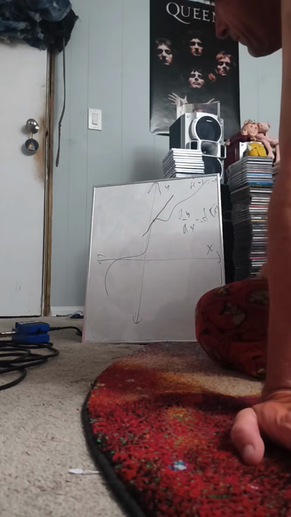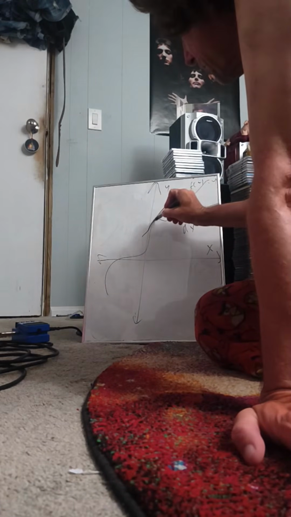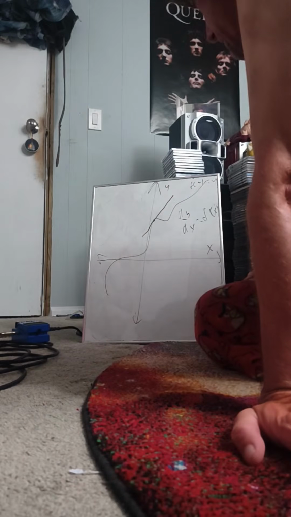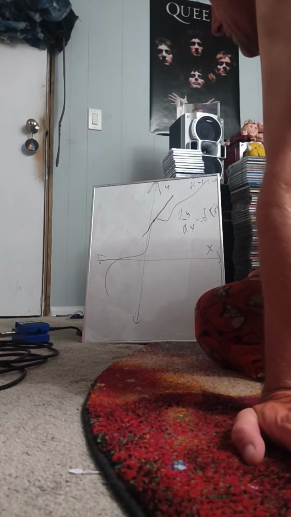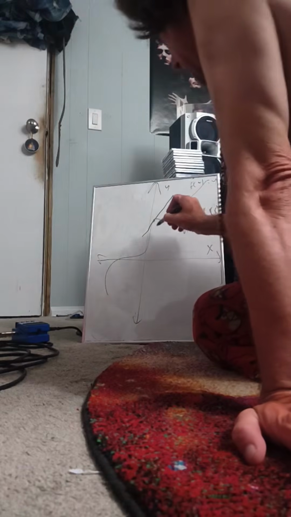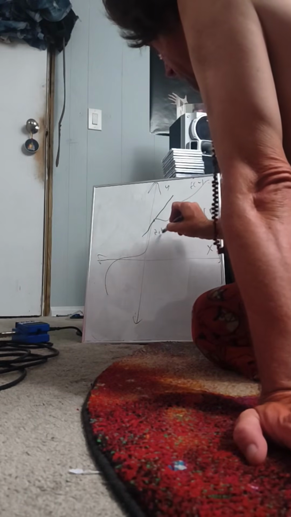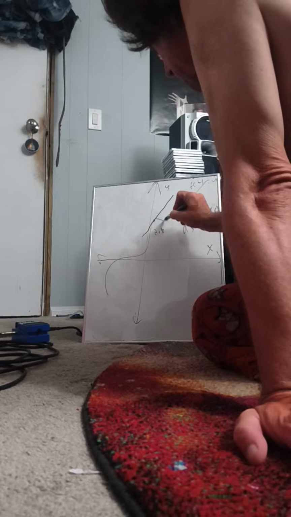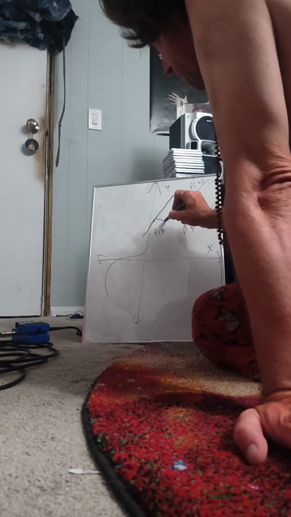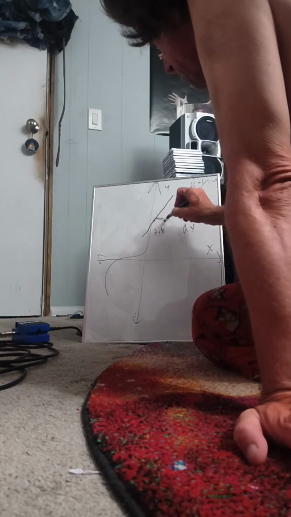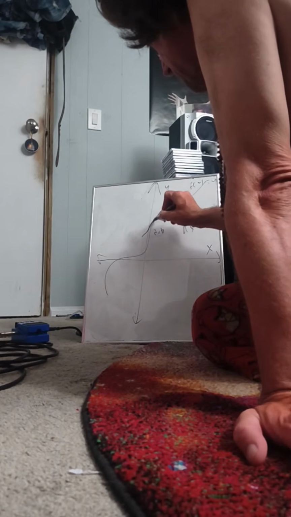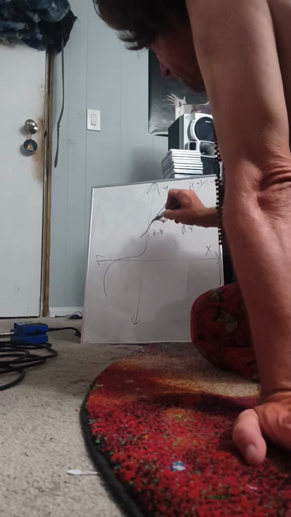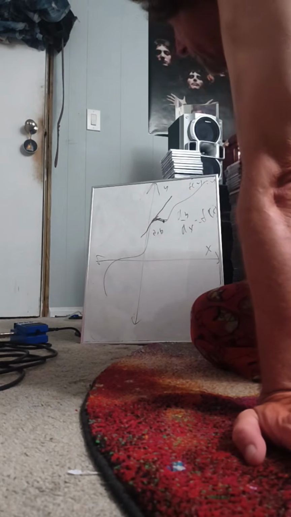And what you do is you take this point, which could be a, comma b, whatever. And then you take a figurative point on the curve that defines the slope, but it changes as you get closer to the point that you're talking about.